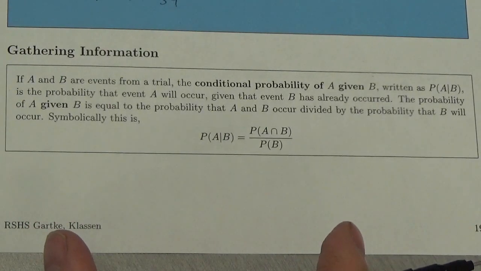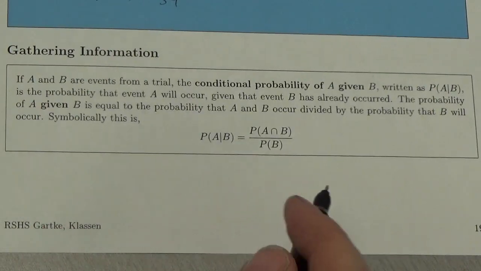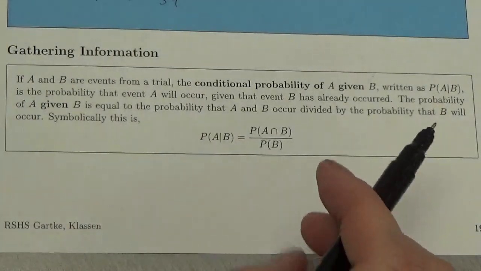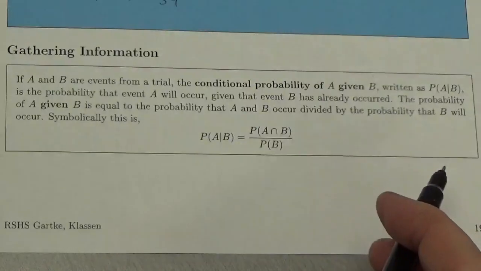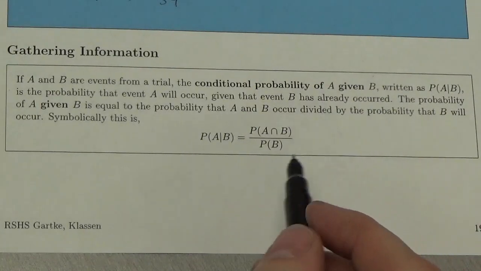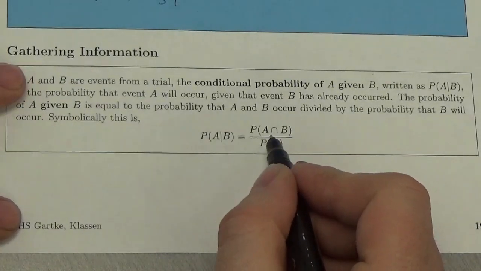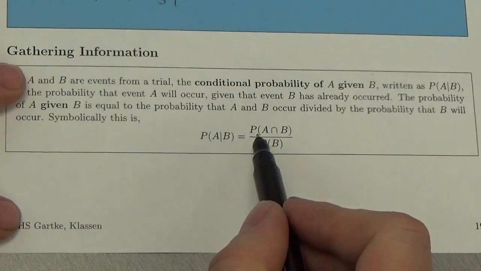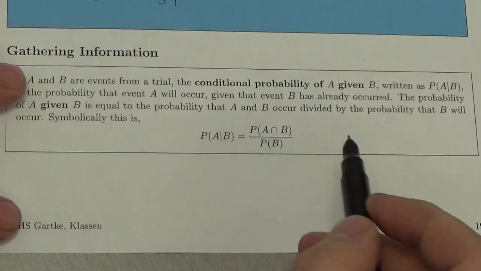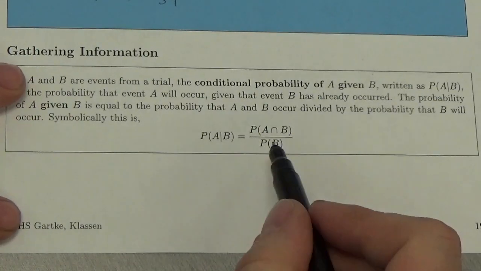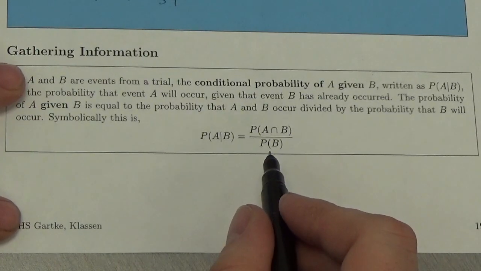If you want to think of it as a Venn diagram, I'm looking inside B, and we want to know the probability in that context that A is going to occur. The way we do that in our formula is to find the probability of event A intersection B divided by the probability of B.